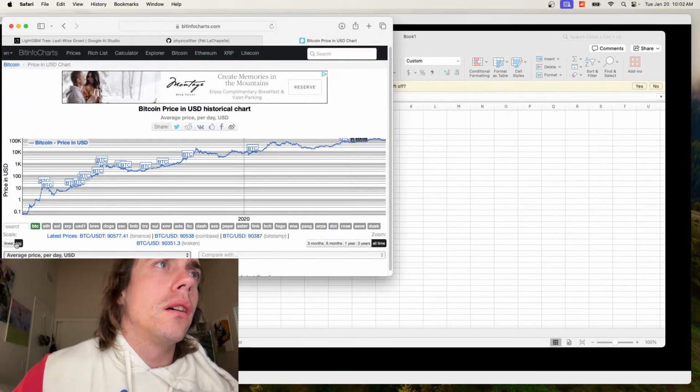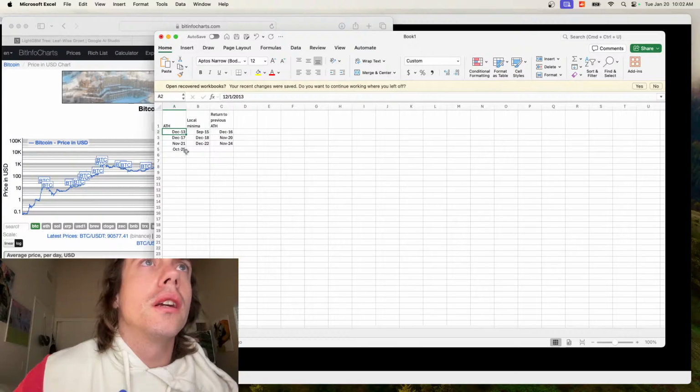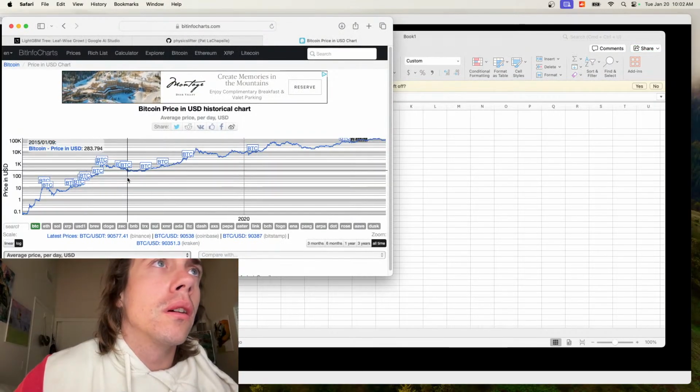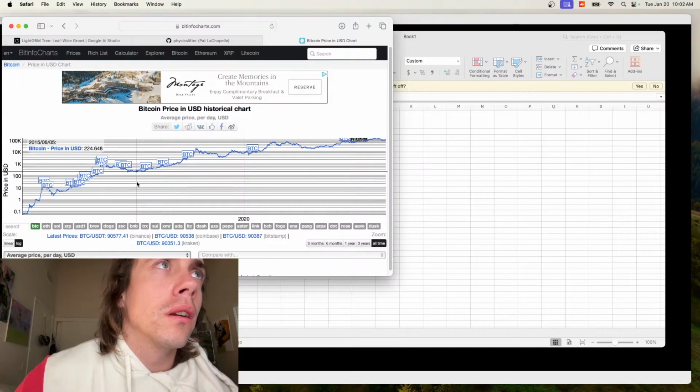Let's look at the log chart. So what are we saying? Local minima, 197 at the beginning of 2015. Oh yeah, so the local minima is right there.